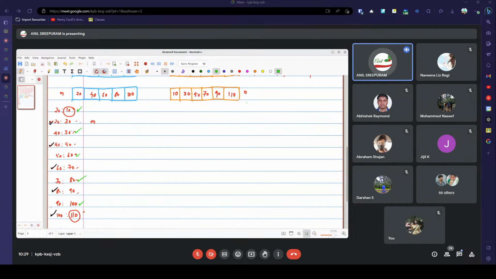So they are placed as a result of n minus 1 comparisons. So how many are involved? m plus n minus 1 comparisons are involved. Please count this: 5 plus 6 minus 1, that is 1, 2, 3, 4, 5, 6, 7, 8, 9, 10. m plus n minus 1 comparisons.